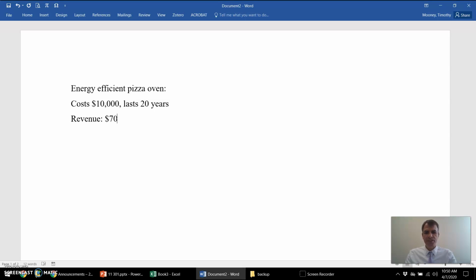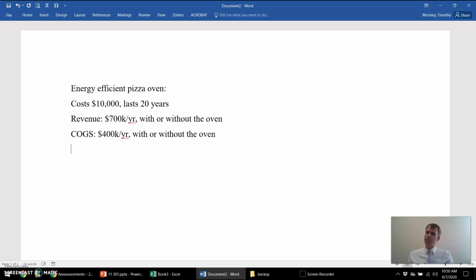Our forecast revenue is $700,000 a year in pizza sales with or without the oven. And in cost of goods sold, $400,000 a year is our forecast with or without the oven.